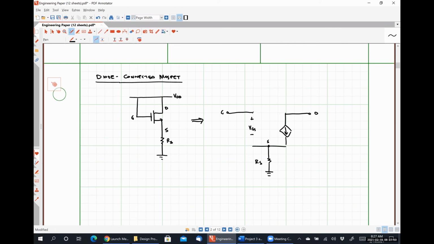Our gate and drain are shorted together, and they are both at our power supply voltage of VDD. So really all this is our self-biased circuit, except that RD and RG are both 0. And so we'll get the exact same equations. We just set RD and RG equal to 0.